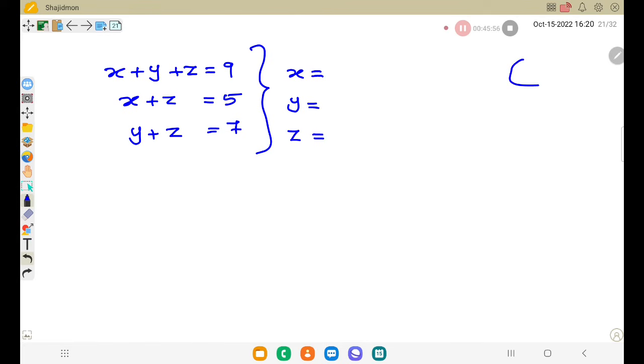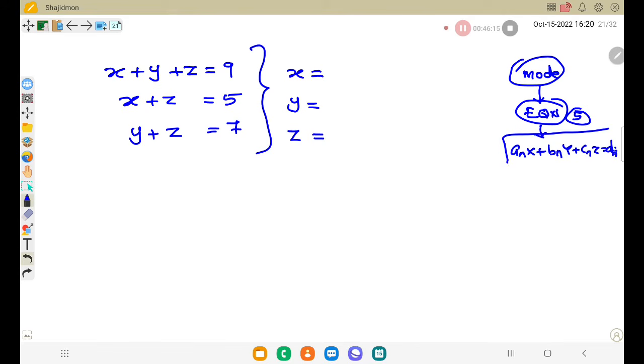You can press the mode button. After that, equation number 5. After that, anx + bny + cnz = dn, because here we need to calculate 3 values, x, y, z. So this is number 2.